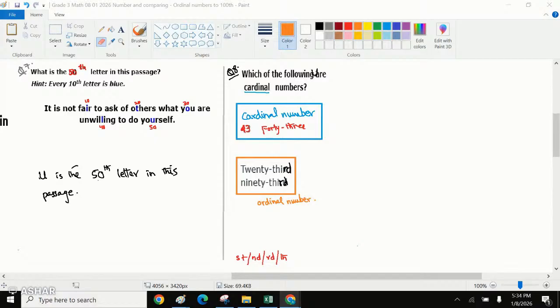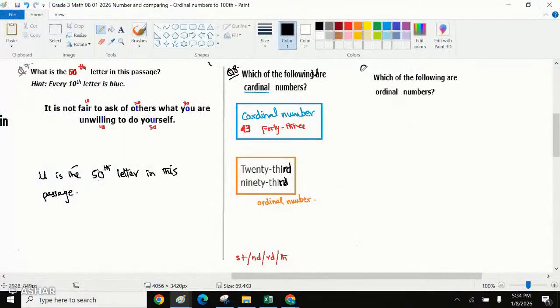The next question is, what is an ordinal number? And they're asking us to find which one of the following are the ordinal numbers. Let's copy the numbers. Question number 9. We need to find the ordinal numbers. I would say this is question number 9.